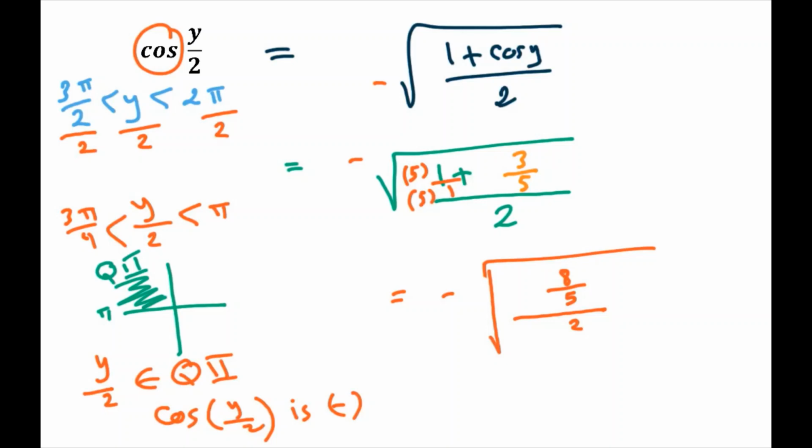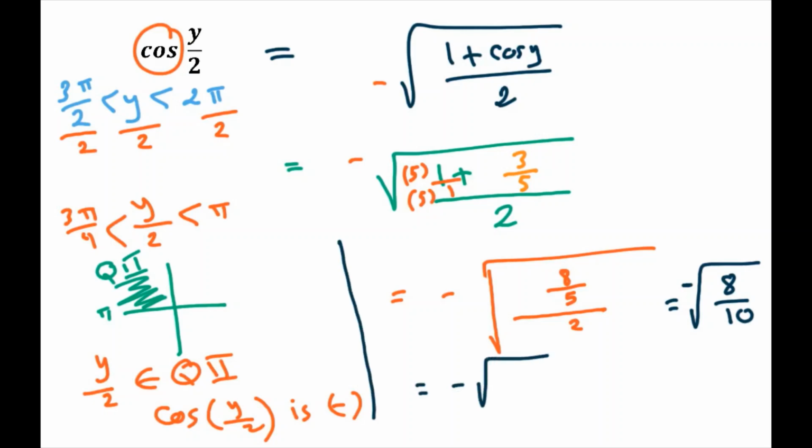And that's going to be equal to negative square root of 8 over 10, which is equal to negative square root of 4 over 5. Square root of 4 is 2. Square root of 5. And then you can rationalize it by multiplying the numerator and denominator by square root of 5. That's going to be negative 2 square root of 5 over 5.